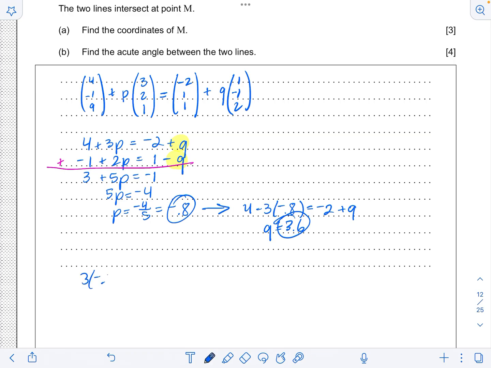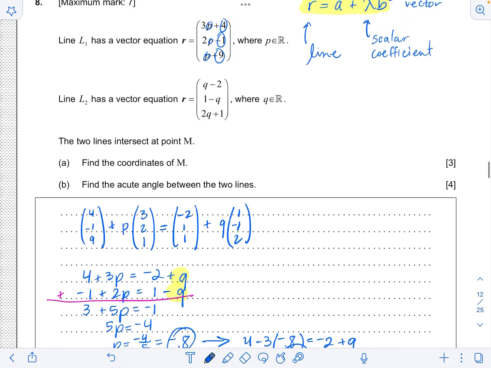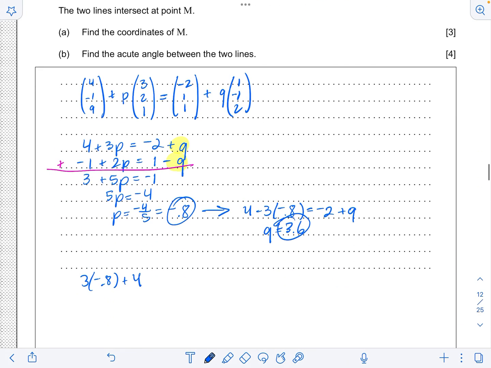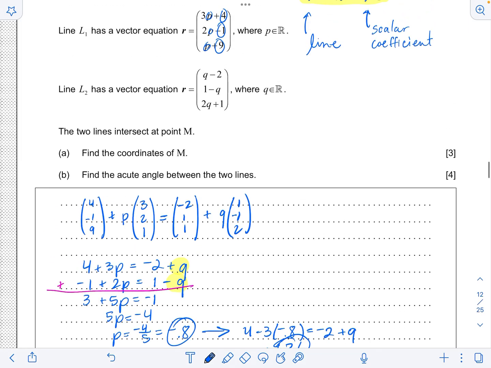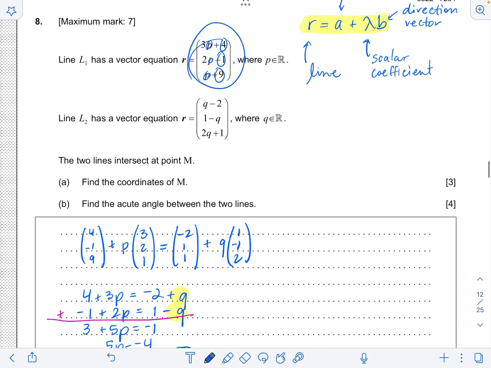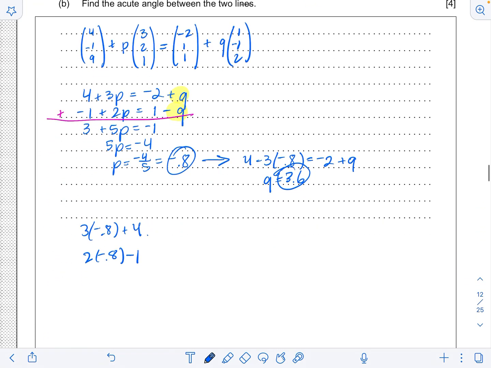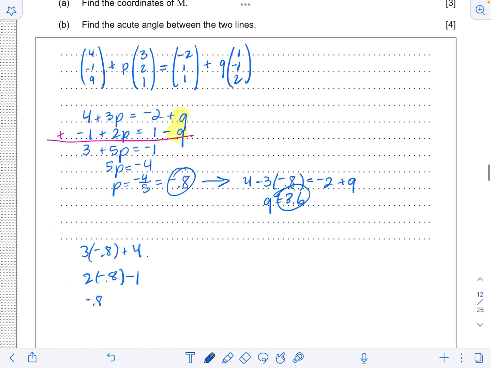3 times negative 0.8 plus 4 will be my x coordinate. 2 times negative 0.8 minus 1, looking back at this equation right there. And p is negative 0.8, plus 9.